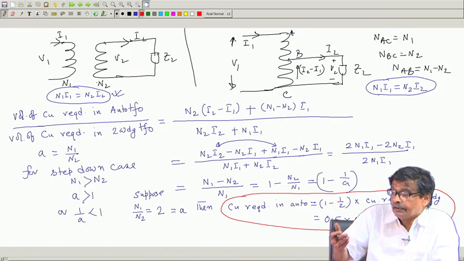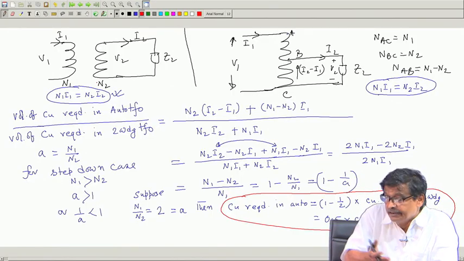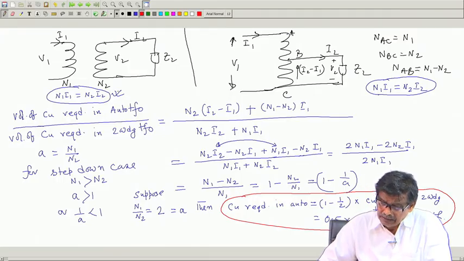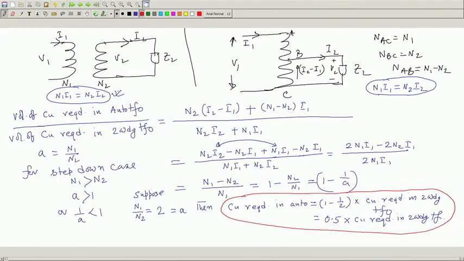And this auto transformer will do the same job as this 2 winding transformer is doing. And it looks like then that no matter what is the ratio, if it is greater than 1, 1 by A is always a number less than 1, and you will be always saving copper.